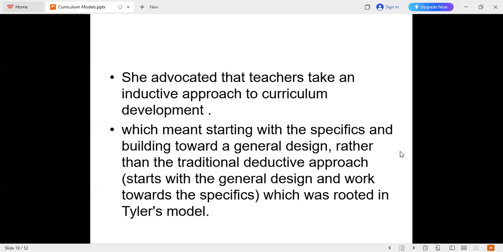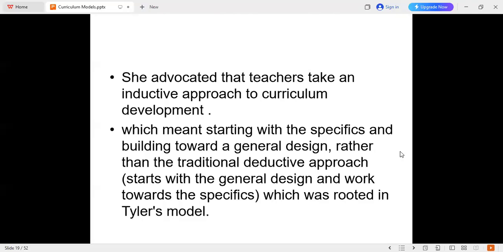She advocated that teachers take an interactive approach to curriculum development, which means starting with specifics and building toward a general design.